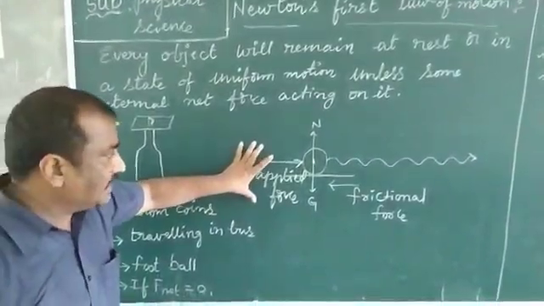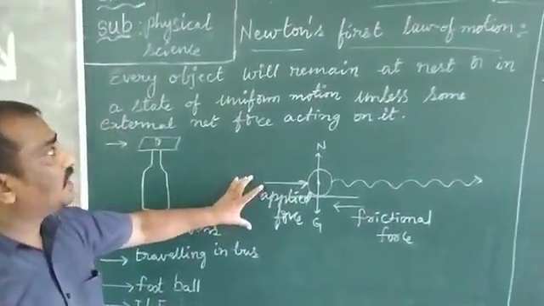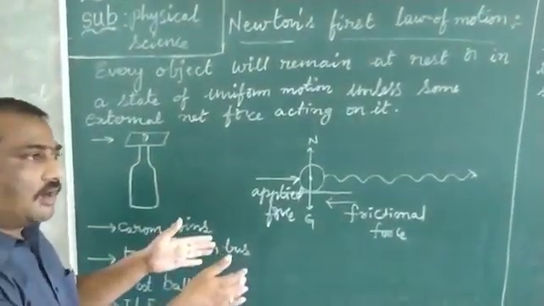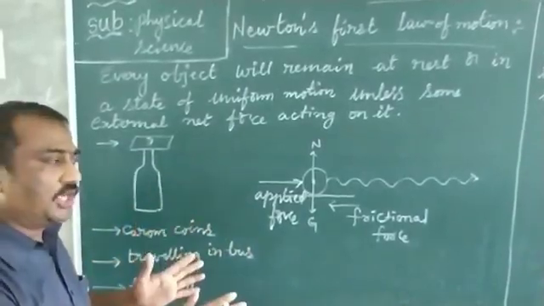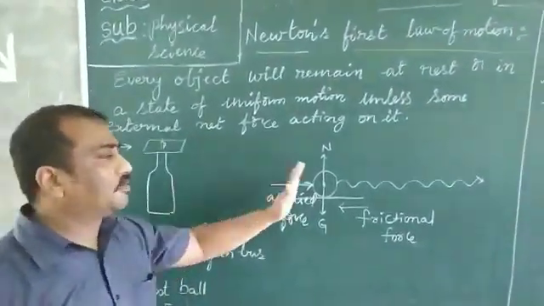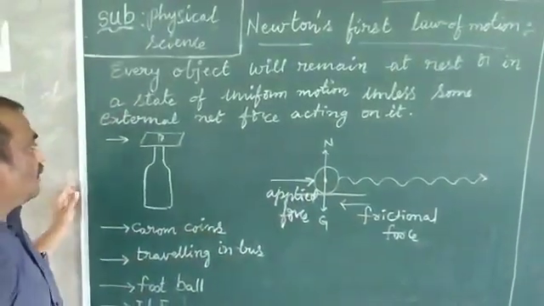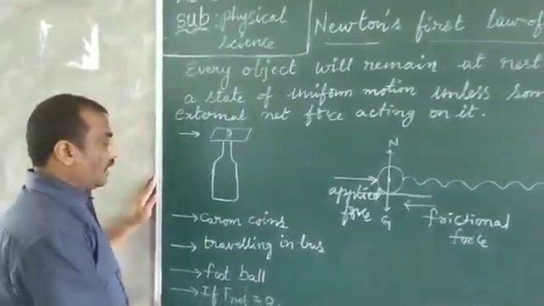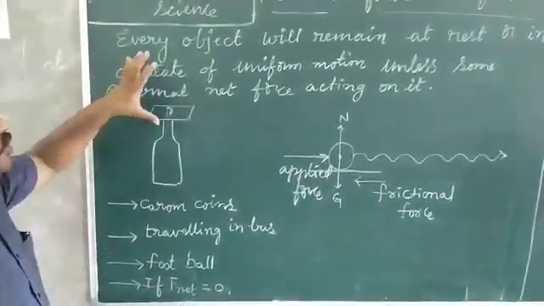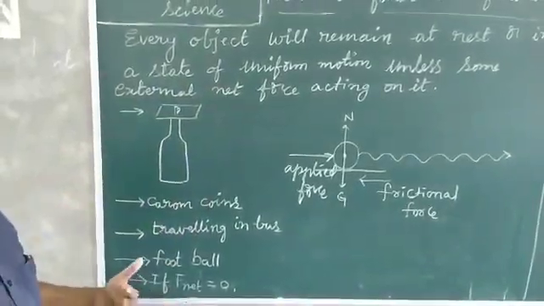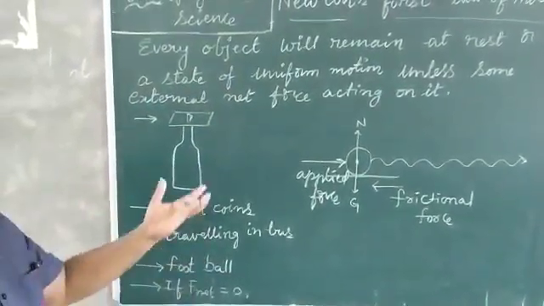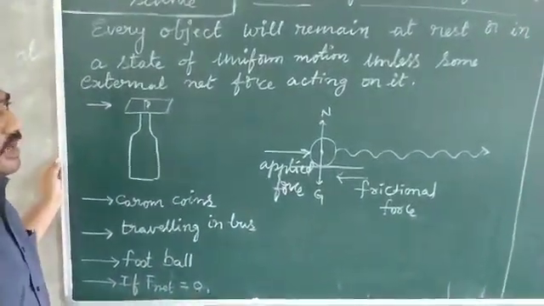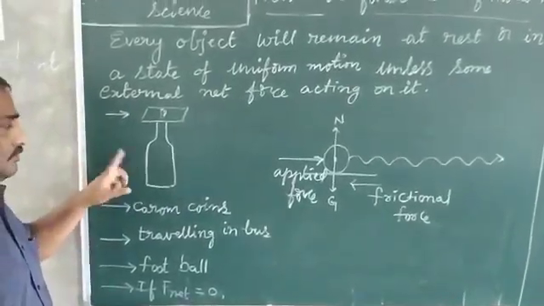So from this example, we can conclude that every object continues in a state of rest or continues in a state of motion unless some external force is acting on it. From this Newton's first law, we get one property, that is inertia. What is inertia? Inertia is nothing but not accepting change.